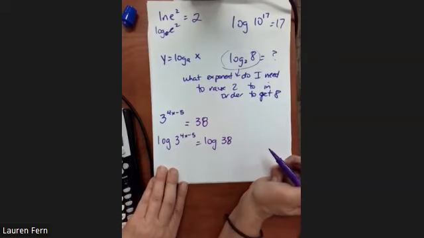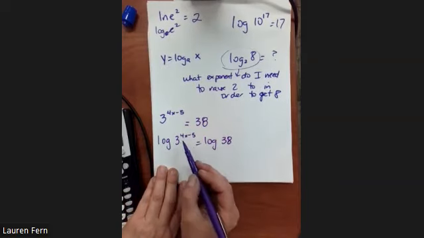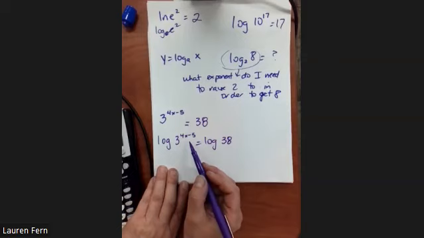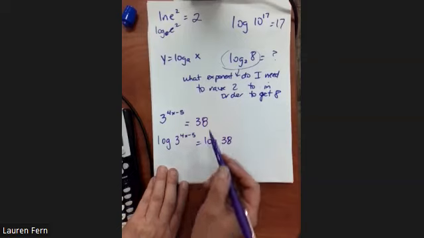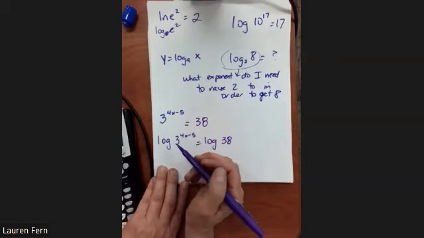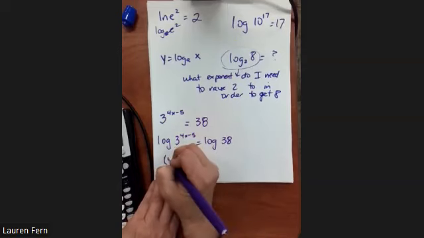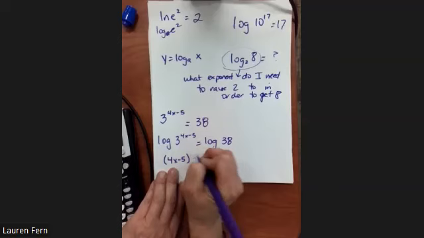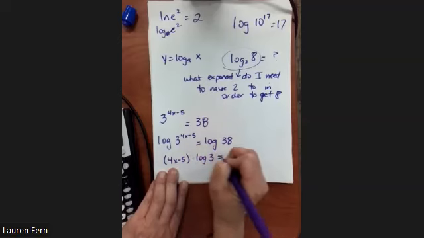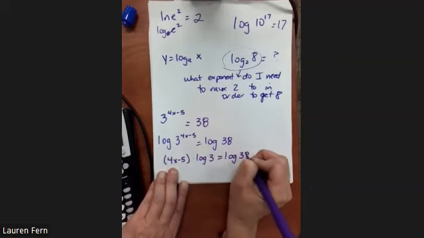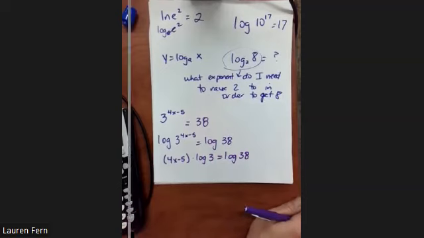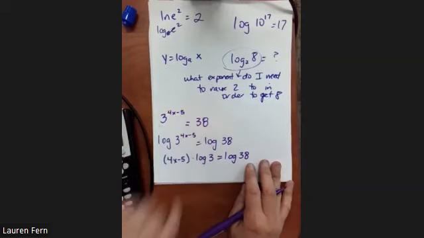What was the beauty of taking the log of both sides? What can I do with my exponent? Bring it down in front. Whoa, notice you got a pretty complicated looking exponent. Put parentheses around it. Right, you're bringing the whole shebang down in front.